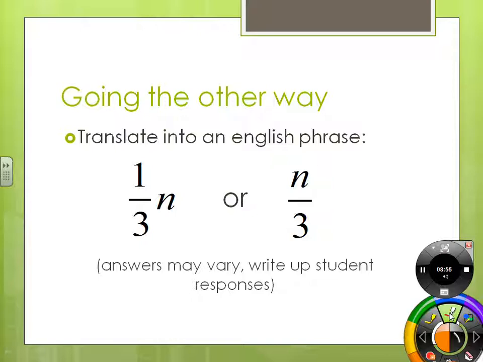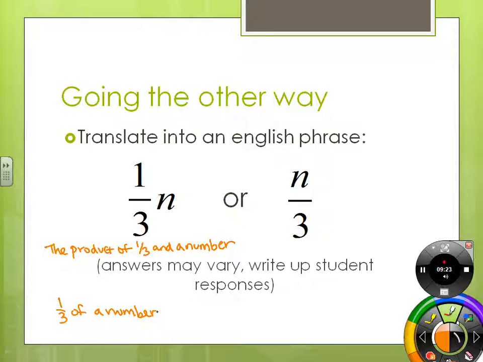All right, to check for this, we could say the product of 1/3 and a number. We could say 1/3 of a number, because we know that just of means multiplying.